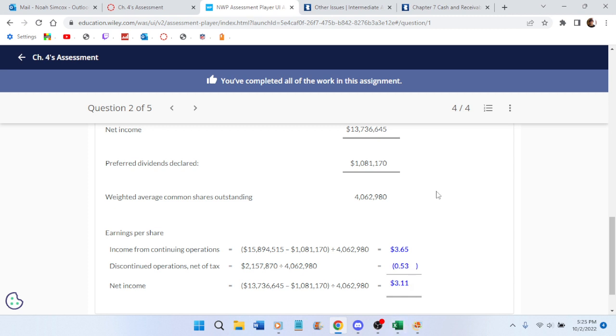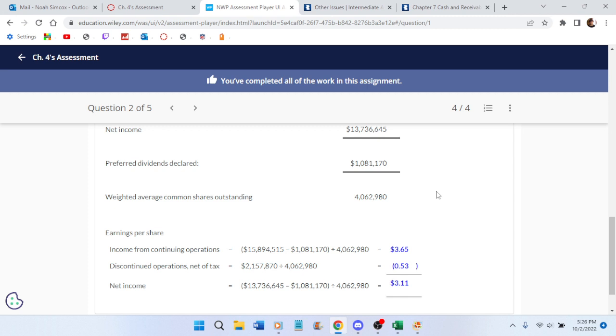So the reason I kept getting it wrong was because they don't include preferred dividends in the calculation for discontinued operations. I have no idea why. So that's why I kept getting the question wrong.